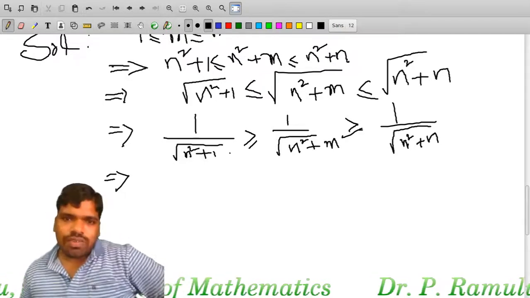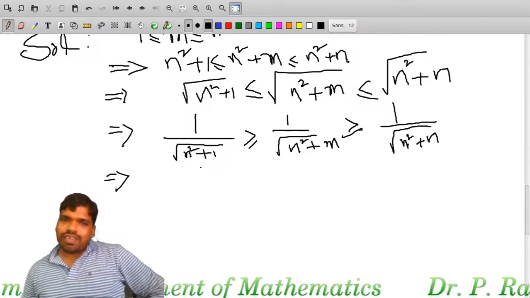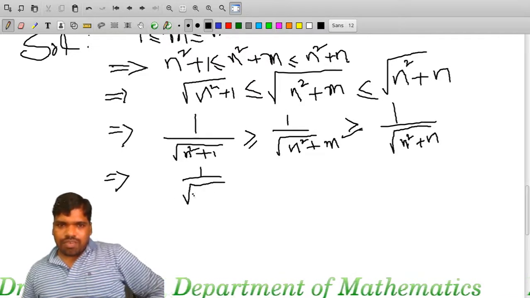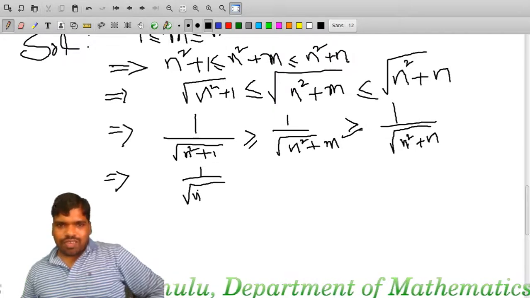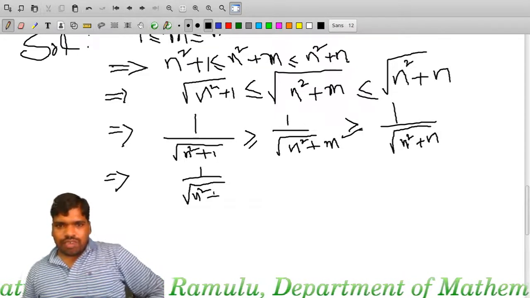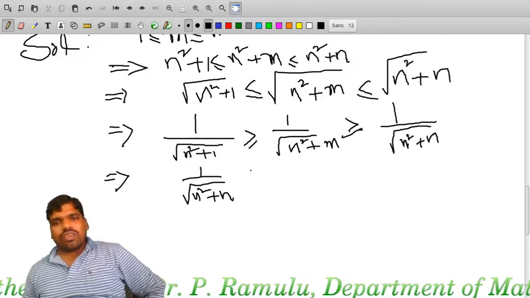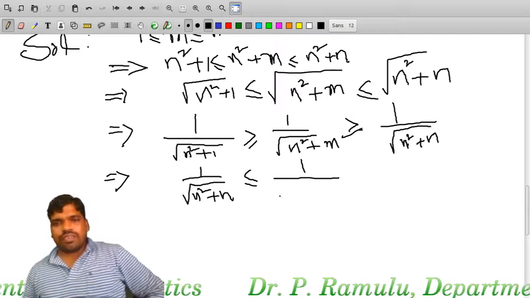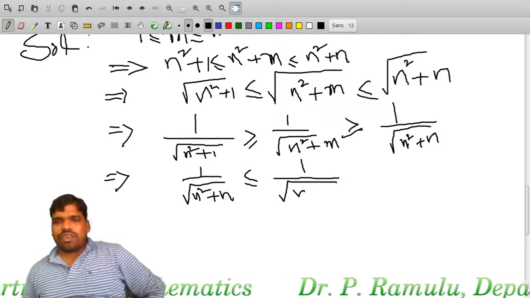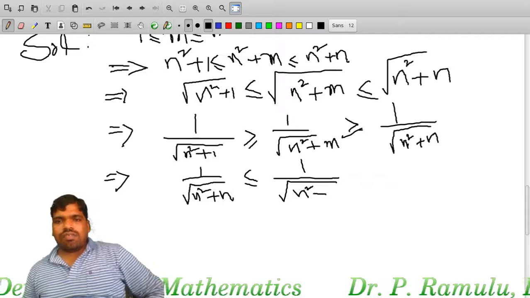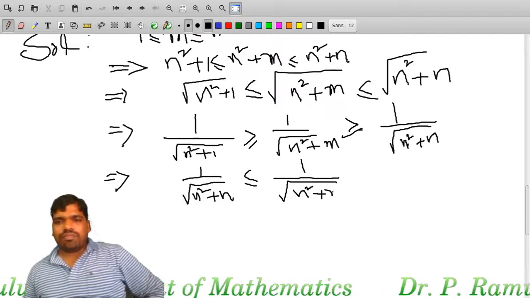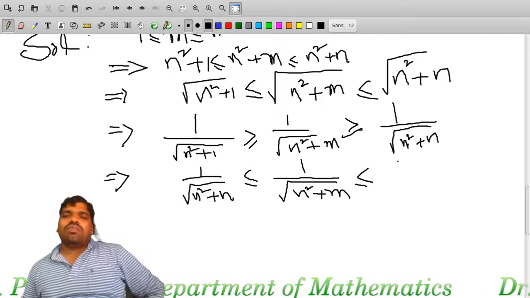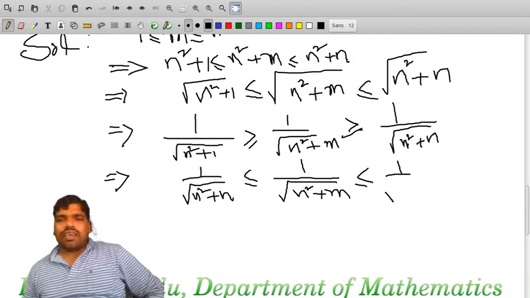I am simply rewriting this inequality, the same inequality, nothing new. 1 by root of n square plus n is less than or equal to 1 by root of n square plus m, which is less than or equal to 1 by root of n square plus 1.